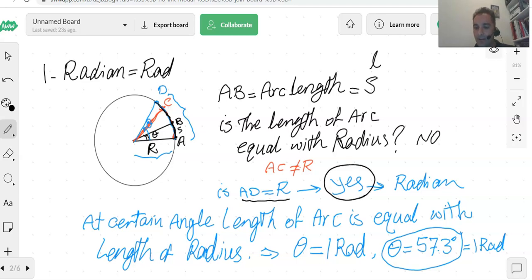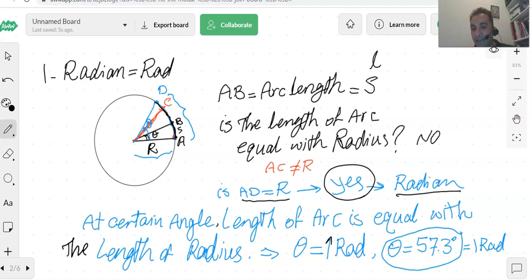The answer is yes, they are equal. When the arc length is equal to the radius, then that angle is called a radian. So what is the definition of radian? At a certain angle, the length of the arc is equal to the length of the radius.